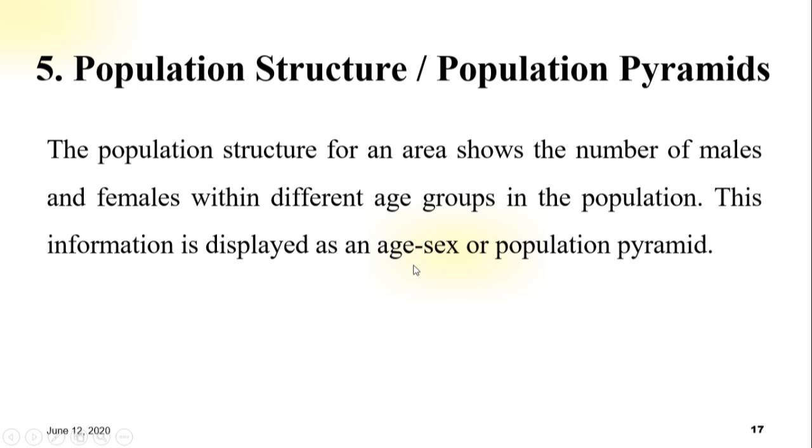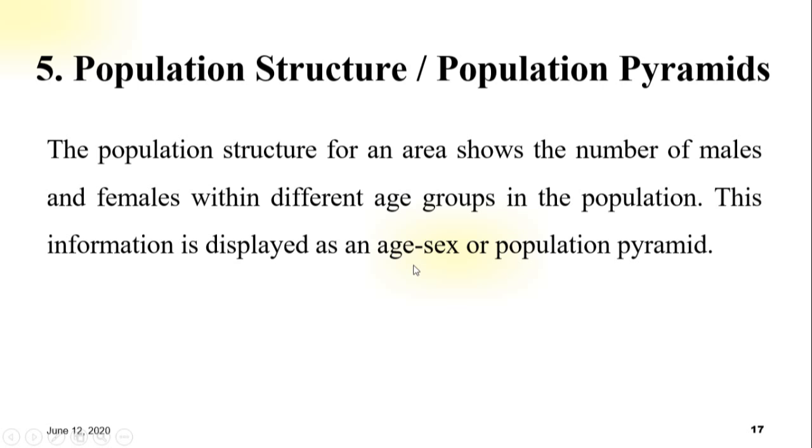The population structure for an area, I mean for a place, shows the number of males and females within different age groups. In one place it has females and males, but in different age groups.